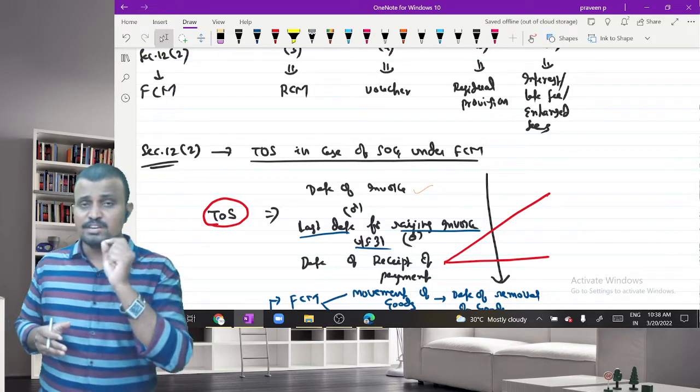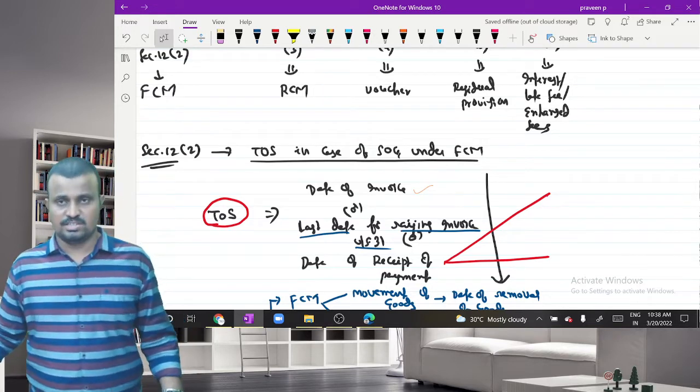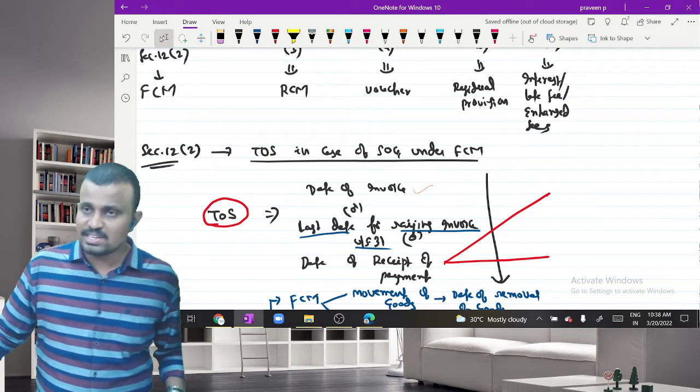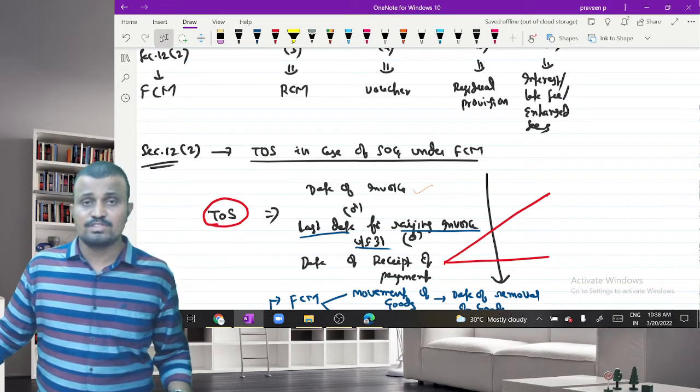But the question is, if the amount is paid by the party by cheque, then what is meant by date of receipt of payment?